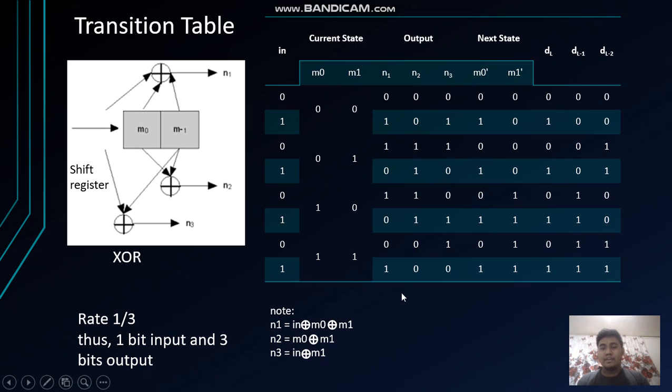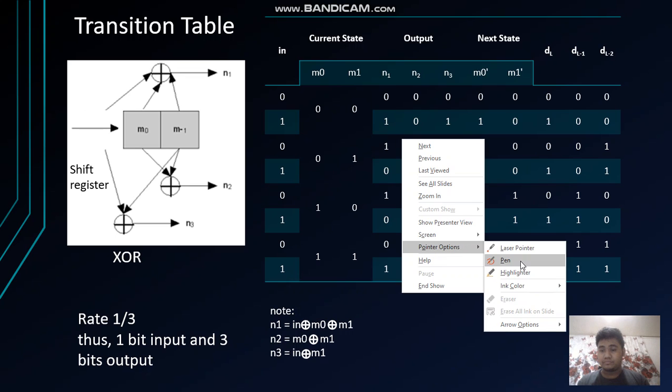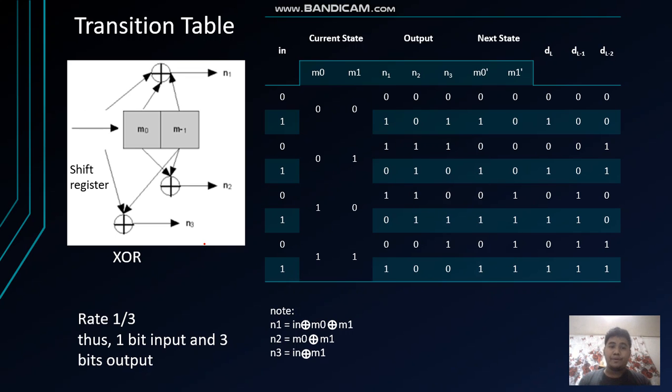So here we have a pointer, and here our pen. If M0 is equal to 0 and our input is 0, we'll be going there, there also, and there also. So 0 plus 0 plus 0 is equal to 0.